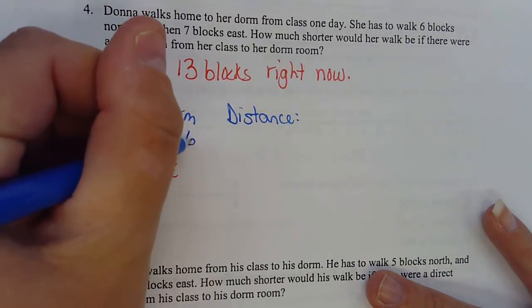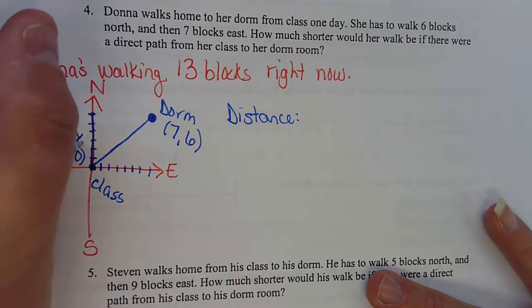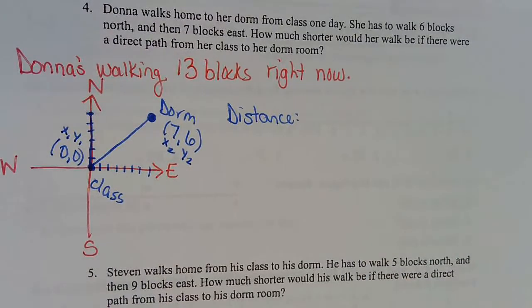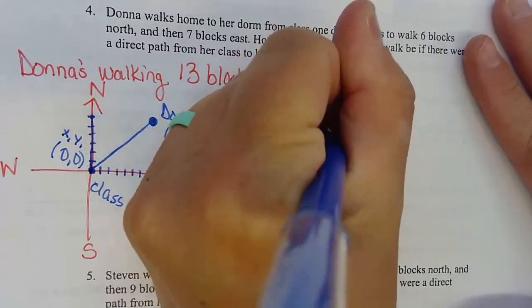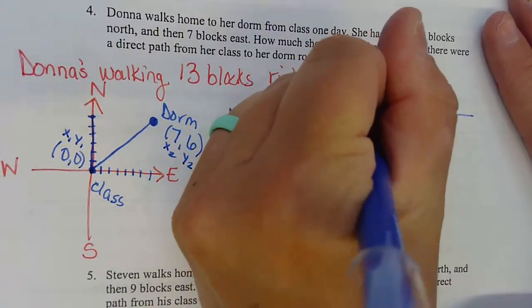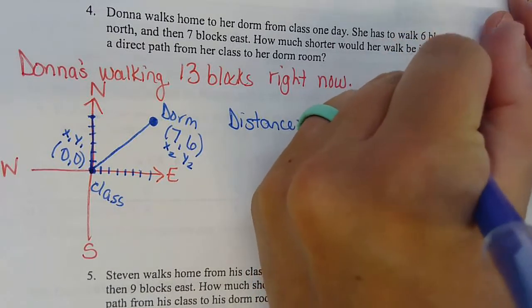You go left, right, then up or down. So we're going to label my 0, 0 with my x1, y1. My dorm is my x2, y2. It doesn't matter. Actually, you could flip-flop those around. And then we're going to plug into the distance formula. We're going to figure out what the actual distance would be straight from the class to the dorm. So distance would be, let's see here. We've got to plug into this distance formula. 0 minus 7 squared plus 0 minus 6 squared.